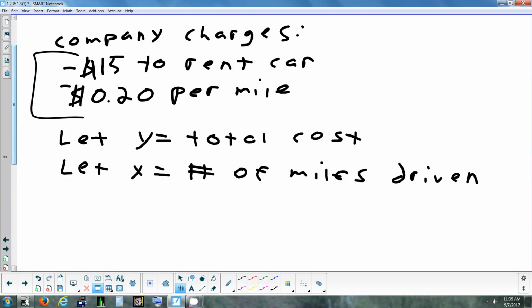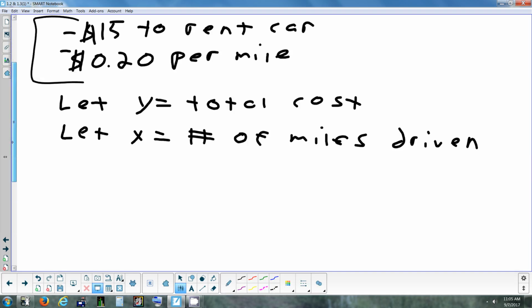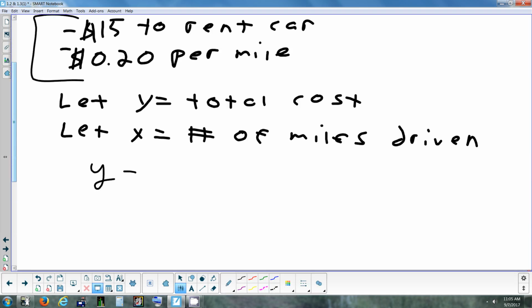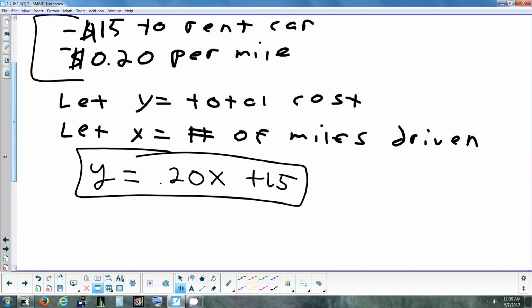Yep, Hannah? Y equals 0.2x plus 15. Yep, perfect. There's your equation. Y equals 0.2x plus 15. Okay, any questions on that equation?